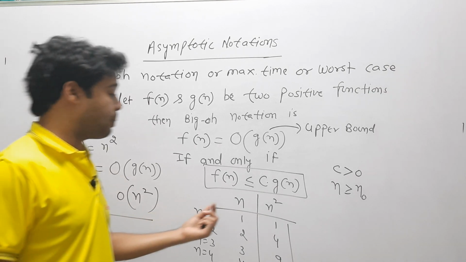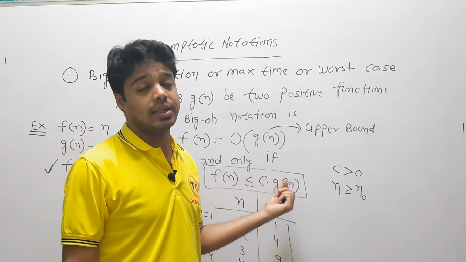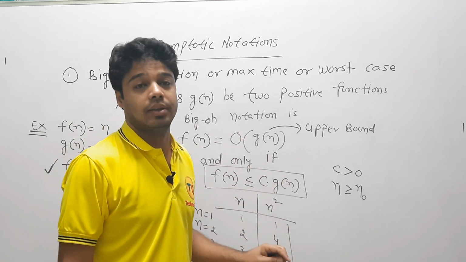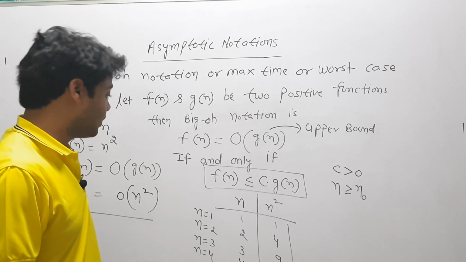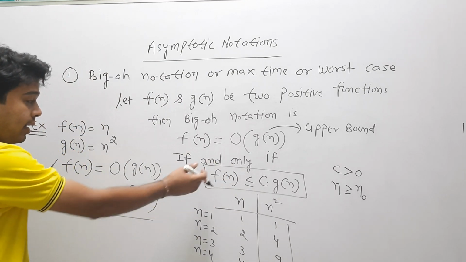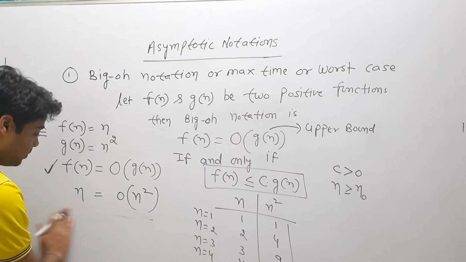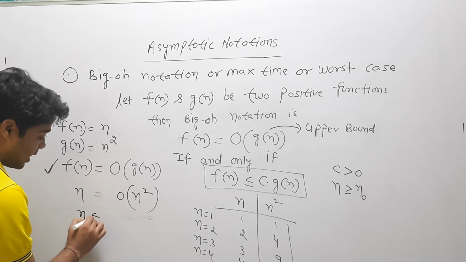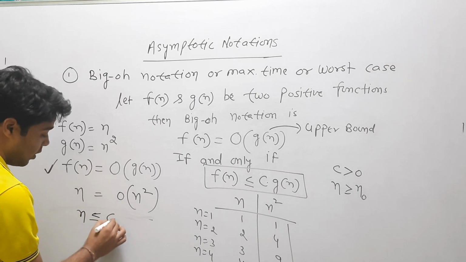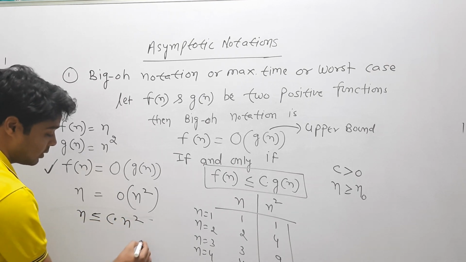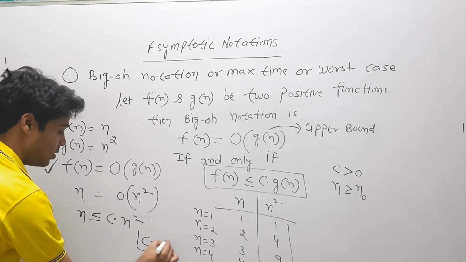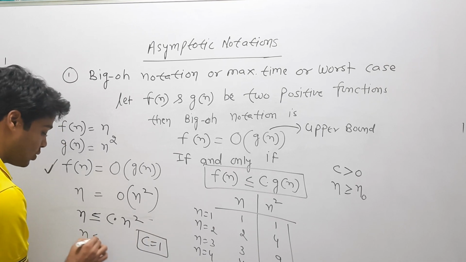Okay, so what is the purpose of C here? See, the purpose of C is only to balance the equation. C is a constant here. So you write n less than or equal to C dot n square here. Suppose we take C as one constant. So n less than or equal to n square, yes.